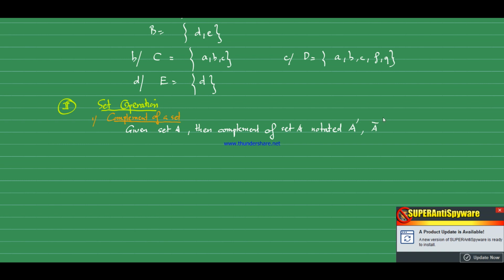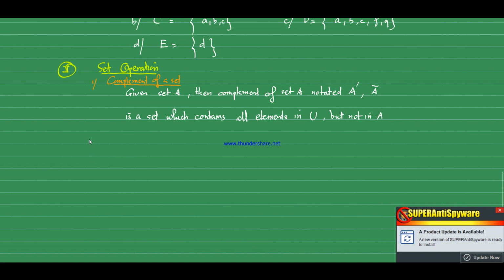So this is also the complement of set A. The complement of set A is a set which contains all elements in U, the universal set, but not in A. There you go.